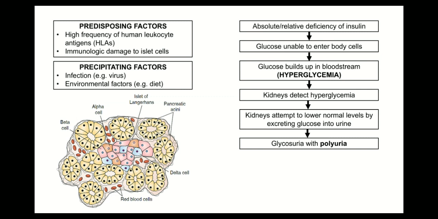So there is glucose in urine, termed glycosuria, and there is also excessive urination, termed polyuria. The child will experience urinary frequency and excessive loss of fluids through the urine.